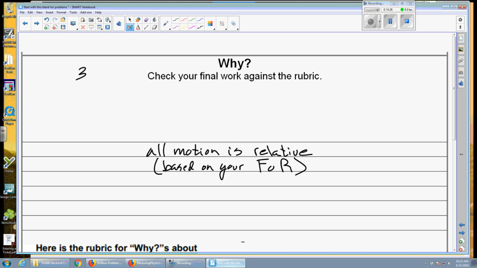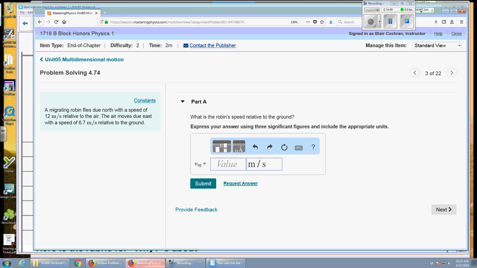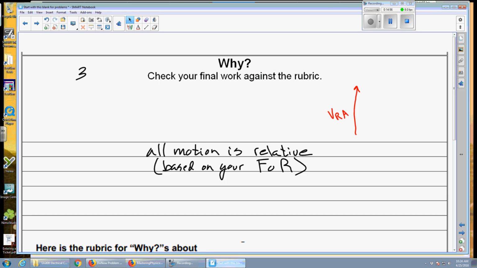Now, I always like to include a diagram with this. So I've got, let's see, we'll use red for our robin. So our robin is flying north. That's the velocity of the robin with respect to the air. The air moves east. So we've got the air. I'm going to use blue for the air.